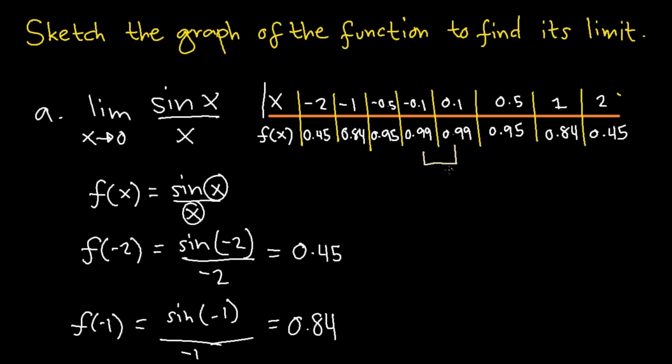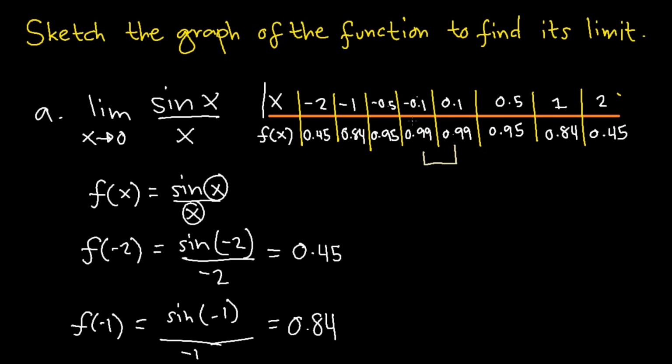So dili nimo ma-assume nga ingon ani sa tanang function. So sa uban nga function, ang negative 0.1 ug positive 0.1 possible nga lahi silag value. So careful dapat ka nga i-input ang each values before ka mo-finalize sa imong values sa f of x.